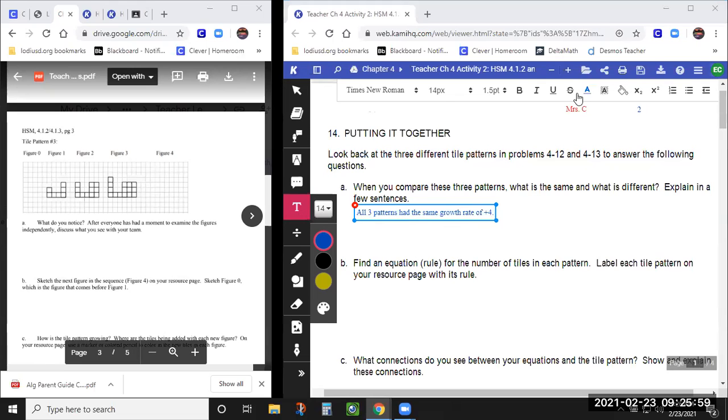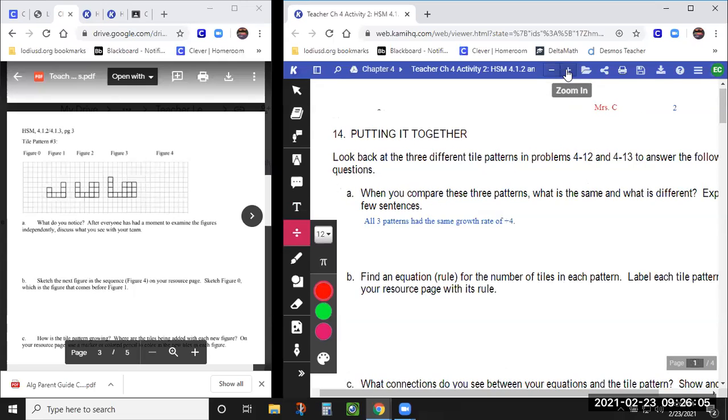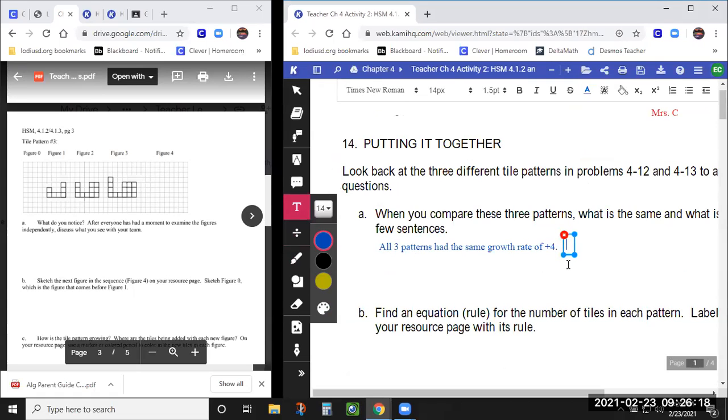Now we got to think about how were they different? How were they different from each other then? What made them all different? Ah, nice. They all had different start values.